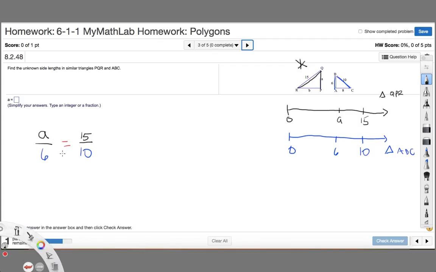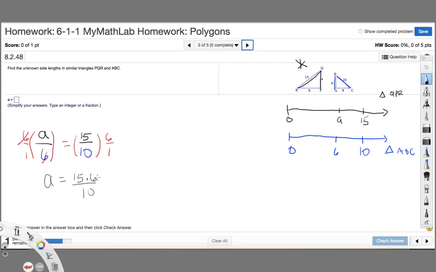And so it turns out to find this number, if you just multiply this by 6 and this by 6, that 6 divided by 6 is 1, so it turns out that A has to be 15 times 6 divided by 10.